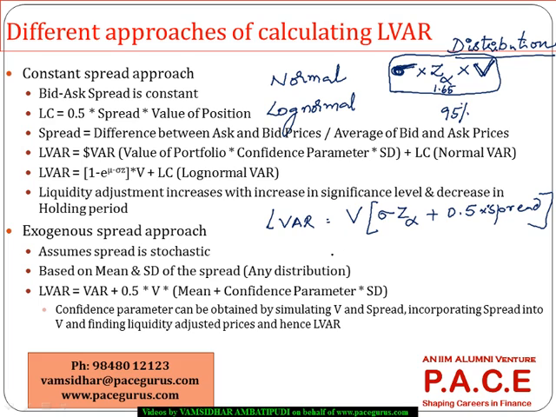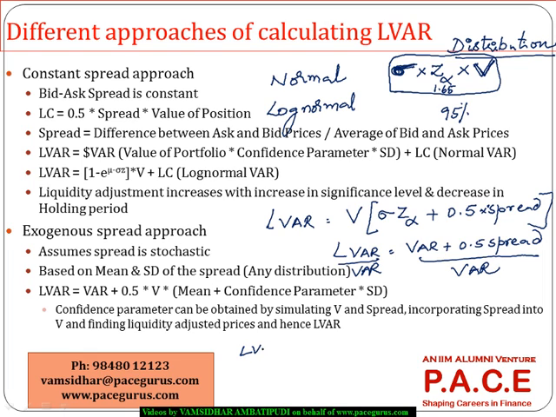And otherwise people also write it slightly differently. LVAR is equal to VAR plus 0.5 times the spread. So I divide both sides by VAR. This is one more way people look at it.